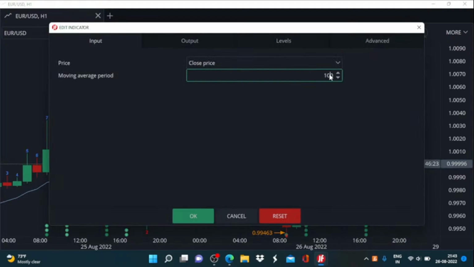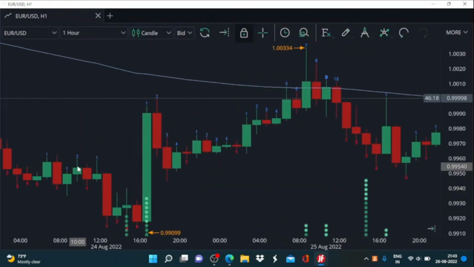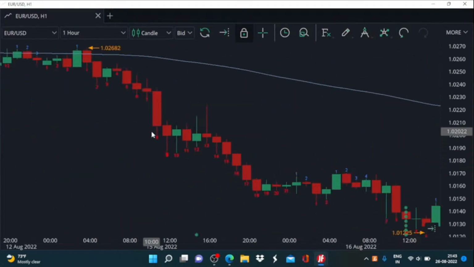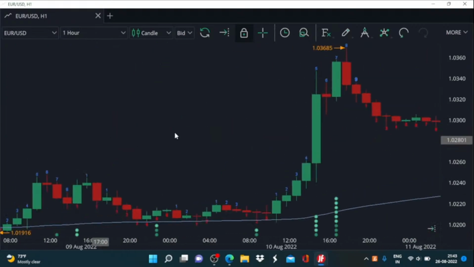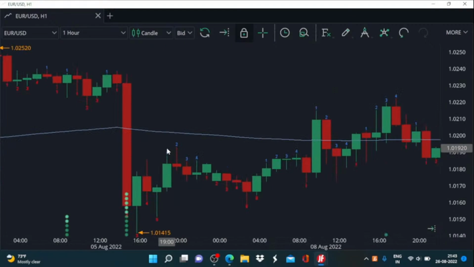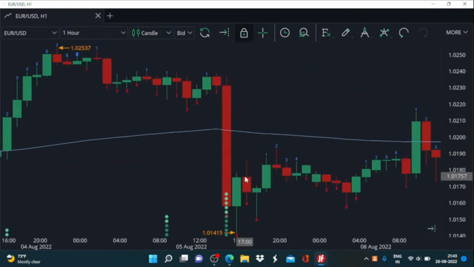Let's try 100 and see how it changes on the 100 candle period. Here it will be a lot less responsive, but it is of course going to be a lot smoother, and it won't be showing much of an impact unless the trend reversal happens from one side to the another.